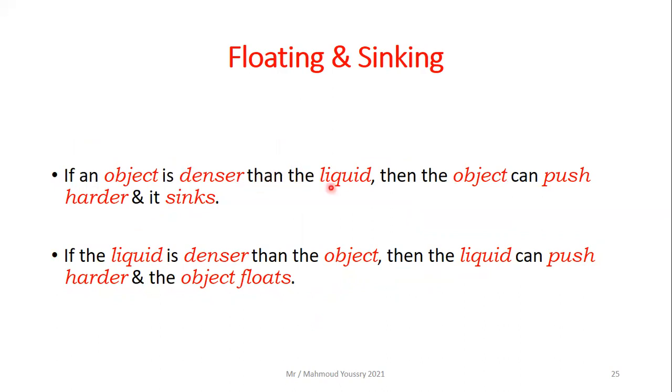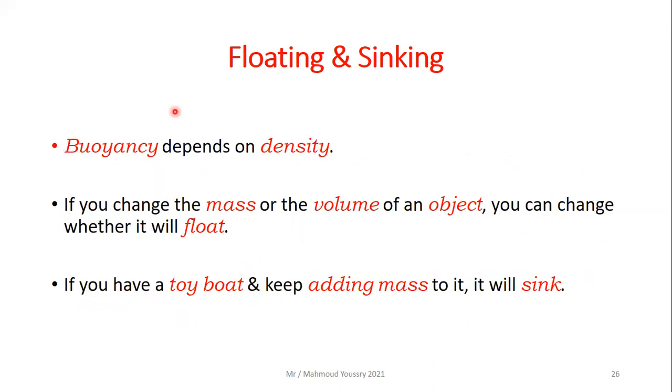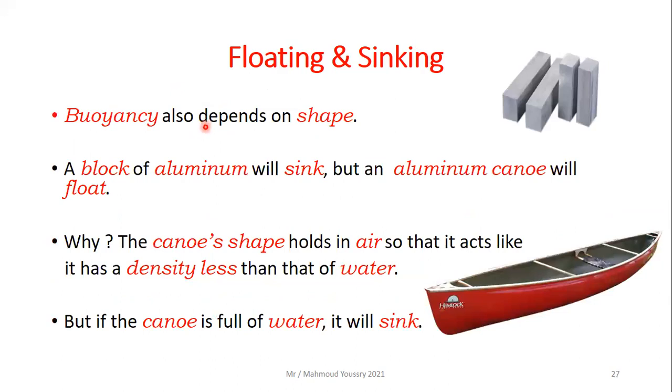If an object is denser than the liquid, like the marble ball, then the object can push harder on the liquid and it will sink. If the liquid is denser than the object, then the liquid can push harder and the object floats. So in this case, this is what would happen.